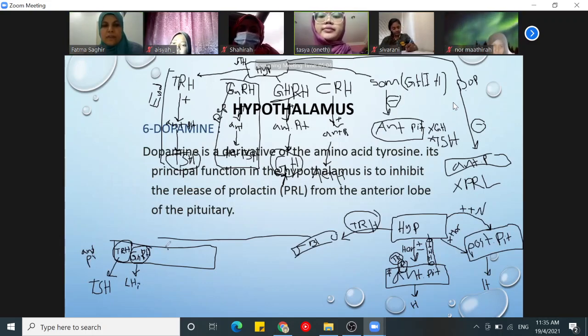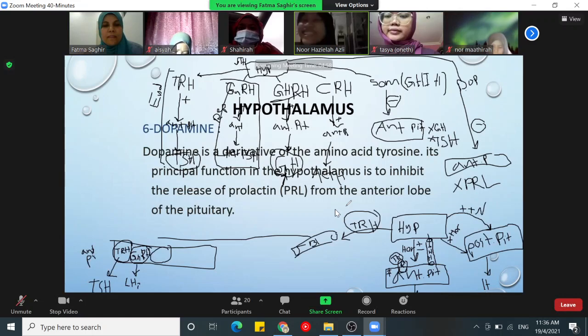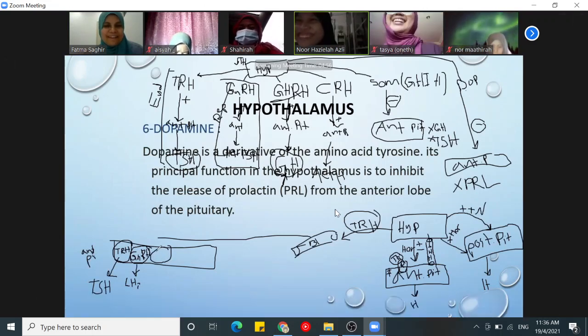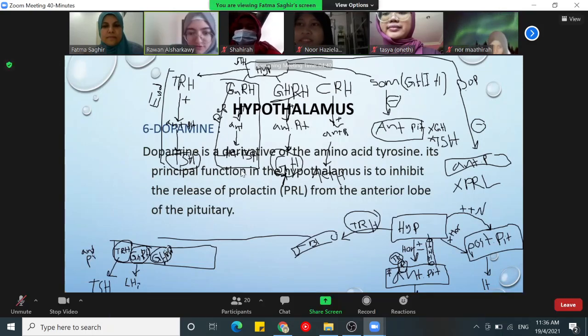Very good. Then we have another group of cells. Hazila, where are you? Growth hormone releasing hormone. Yes, thank you. So we have another group of cells with receptors for growth hormone releasing hormone. So what does that mean, Rawan? Stimulates pituitary gland to release growth hormone.